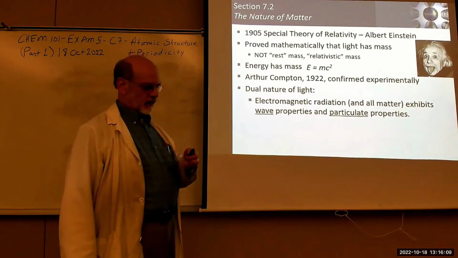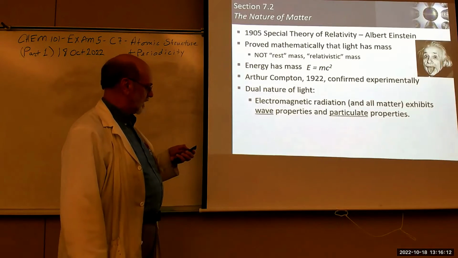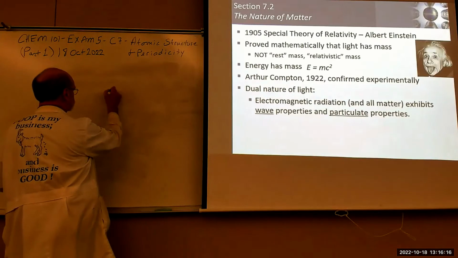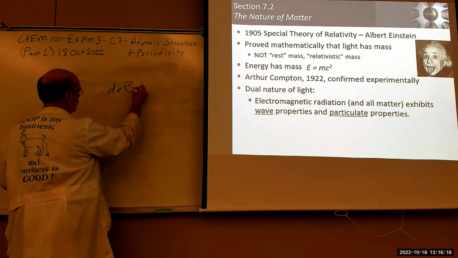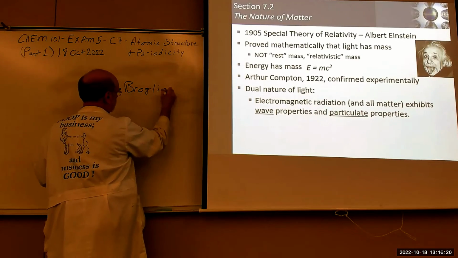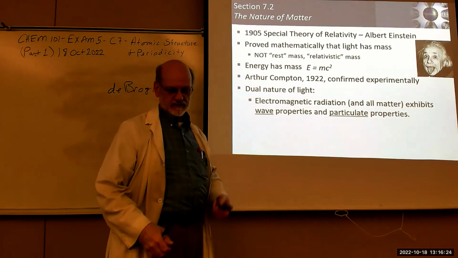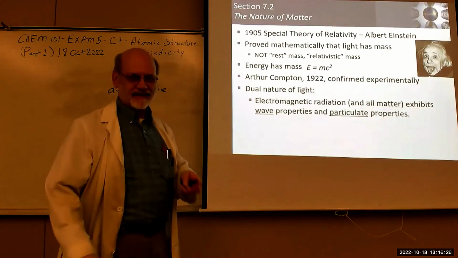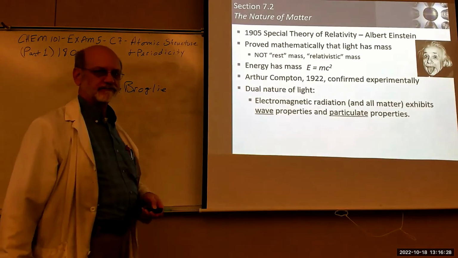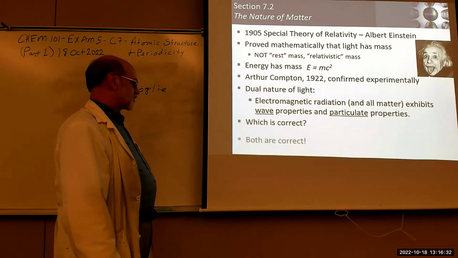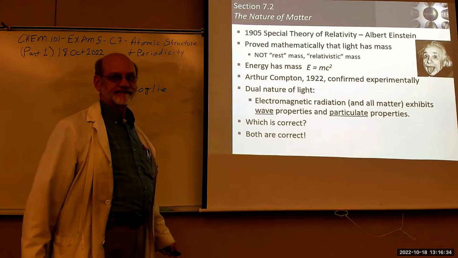But we do have a calculated wave for us, which is called the de Broglie wave. And that can be calculated for subatomic particles or for you and me. Depends on how fast we're going. So, which is correct? They both are.